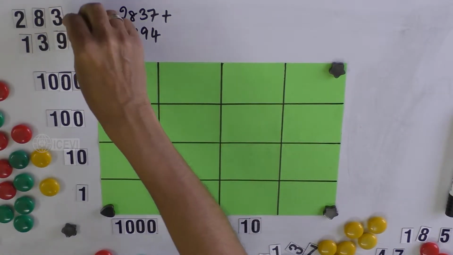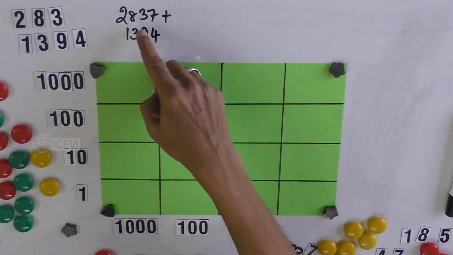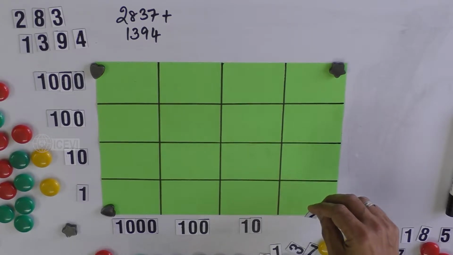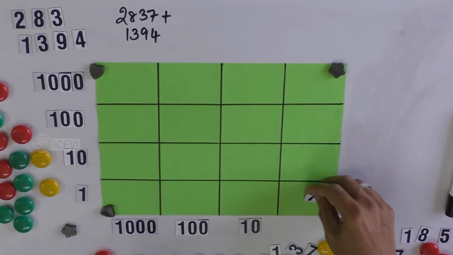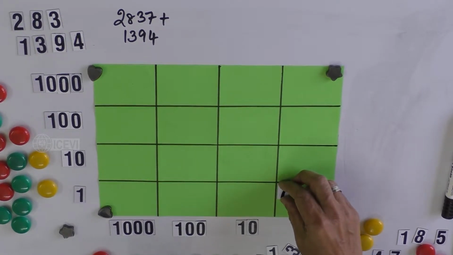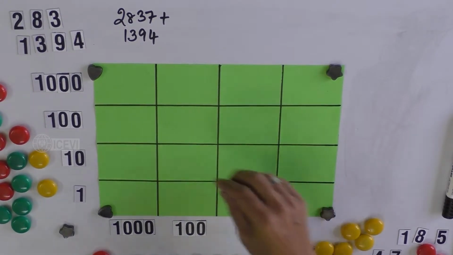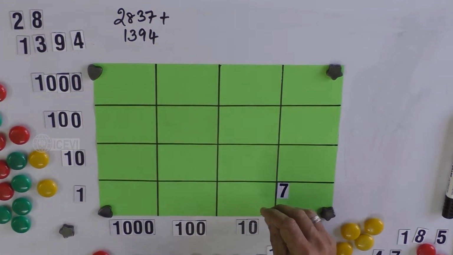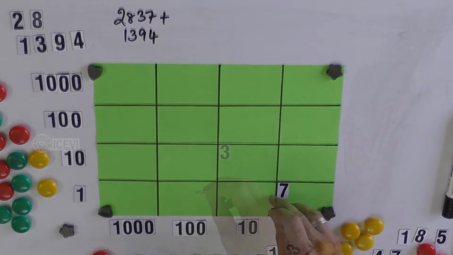So let us take 7 from the 2837. 7 is the least number as far as the value is concerned, so we have to place that in the unit value, right? And second, let us take 3. 3 goes into the 10th column.